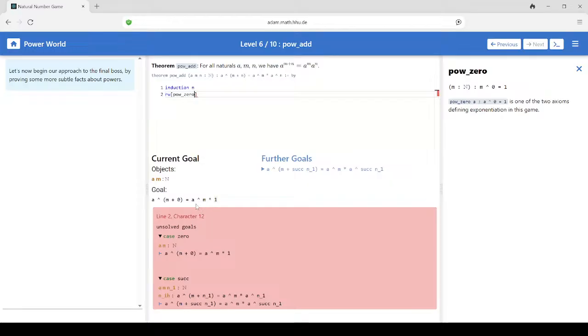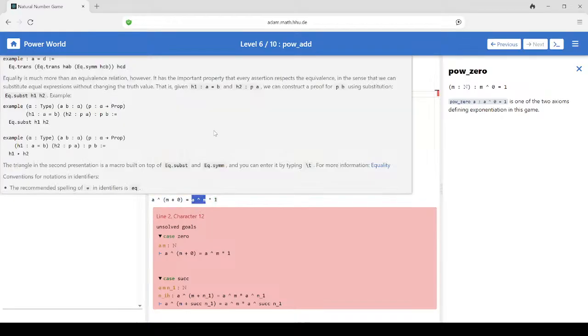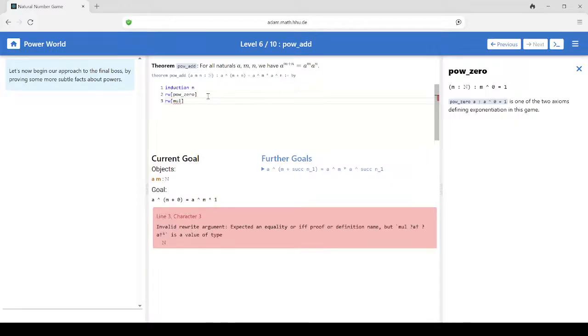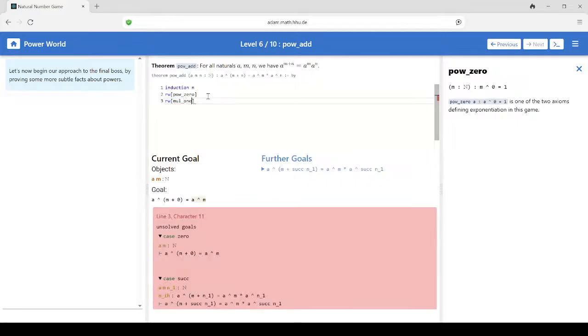Okay. Anything times 1 is 1. Or, no, sorry. Anything times 1 is itself, not anything times 1 is 1. Anything times 1 is itself.